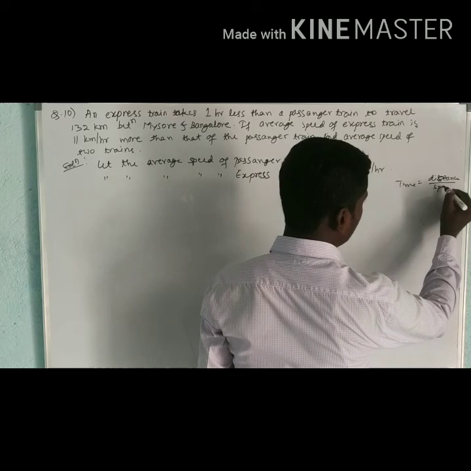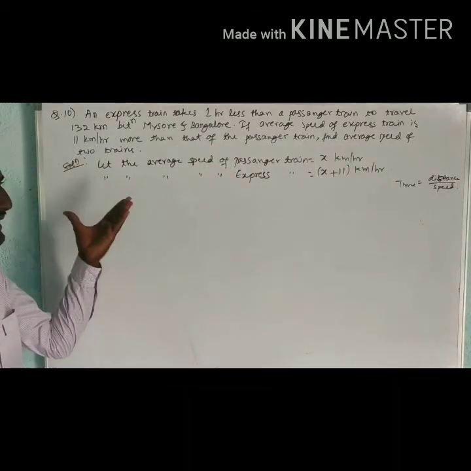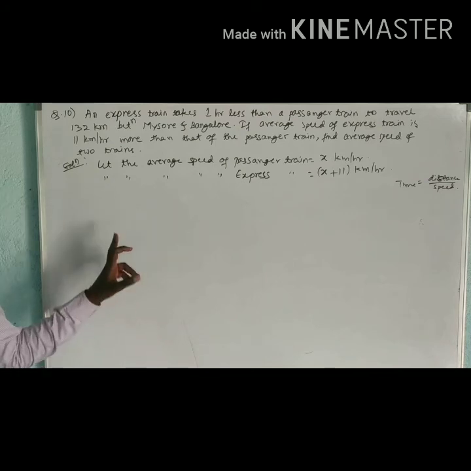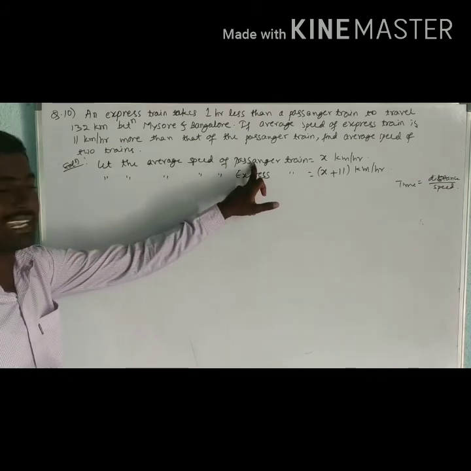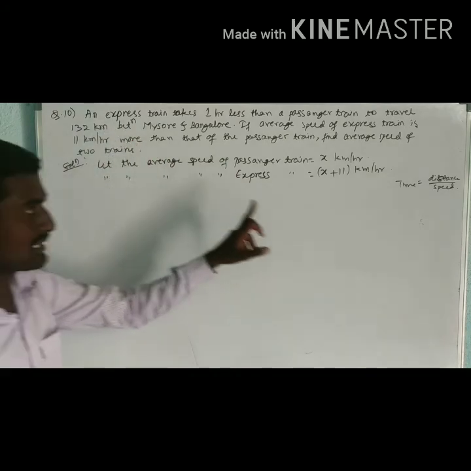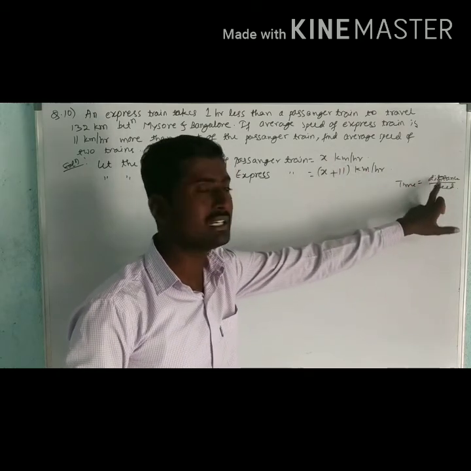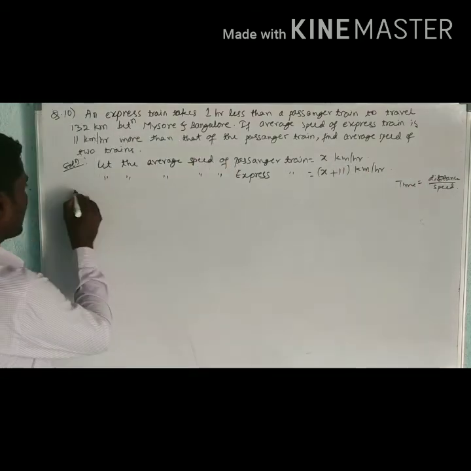Okay. Now here, what is the time taken by the passenger train to travel a distance of 132 km? So that is nothing but 132 divided by x.